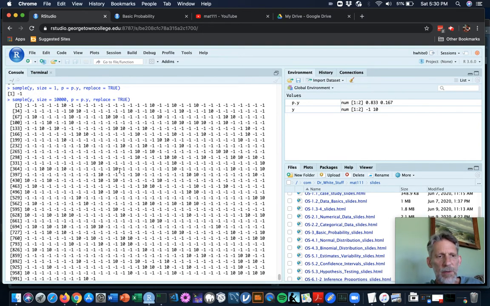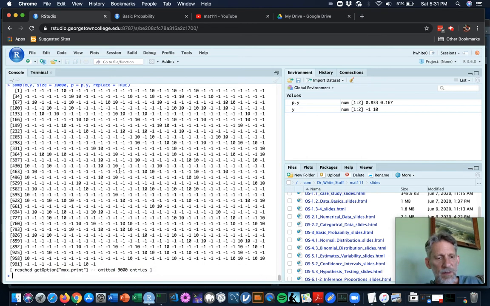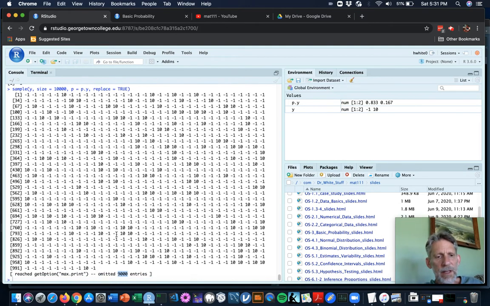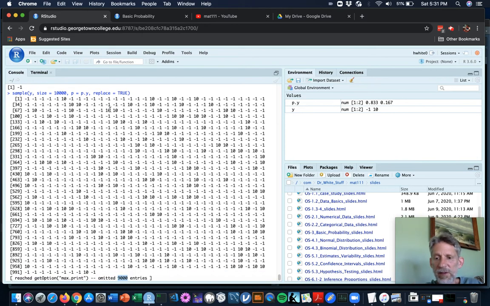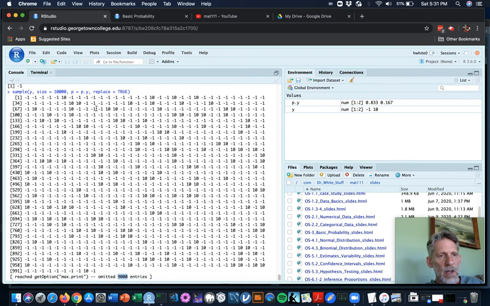Right now, it's only set to print out the first 1,000 things it sees in a list, and so it's omitted another 9,000 numbers there. You're not even getting the whole sense of it. You can just look there and see that, yeah, you got a lot of -1s and some 10s as well. So you really need some place to store all that stuff rather than have it just go out to the screen and then be lost.